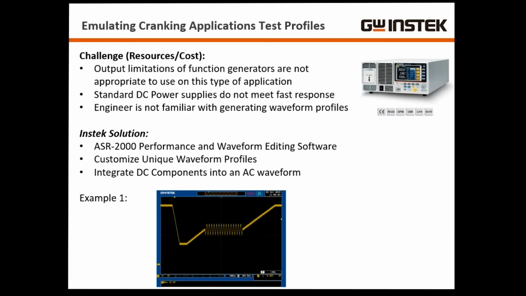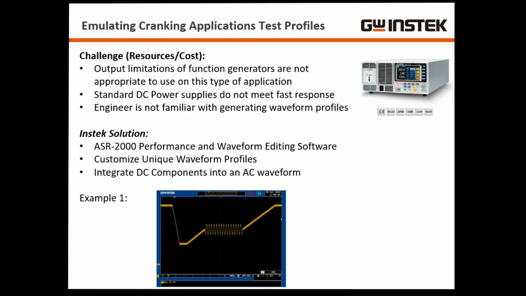However, when you require more power, talking about 2 amps, 3 amps, 10 amps, a function generator is not enough. You need something a little bit more robust, more powerful. And standard DC supplies are not fast enough to meet some of these requirements. And obviously, some of the engineers are not familiar with generating these types of profiles.